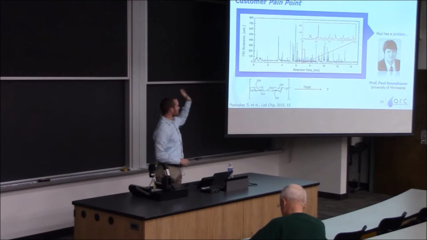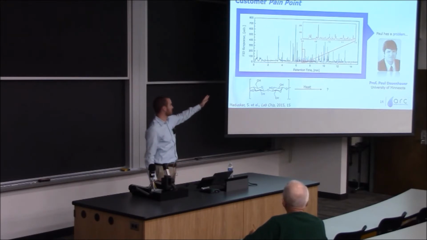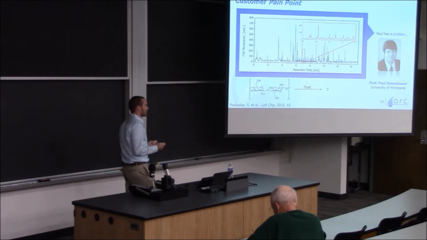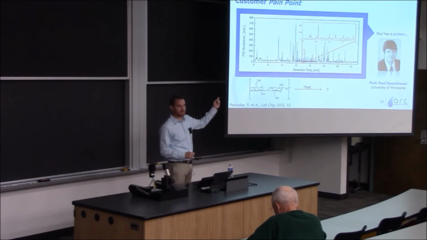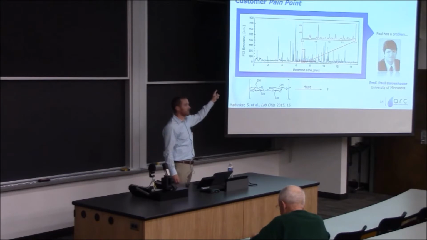And when they looked at all the products, they got this GC-FID spectra. This is how you analyze products with carbon in it, right? You use a GC-FID. And when they looked at the spectra, they saw hundreds of different peaks indicating hundreds of unique compounds in there. The pain point was that in order to quantify this spectrum, and thus understand the kinetics and what's happening with pyrolysis, they needed to calibrate each one of these peaks for each compound.